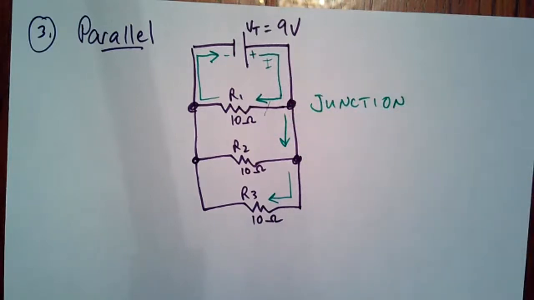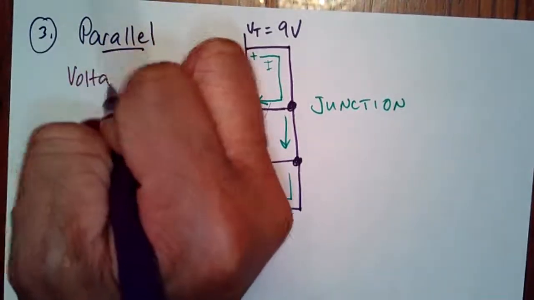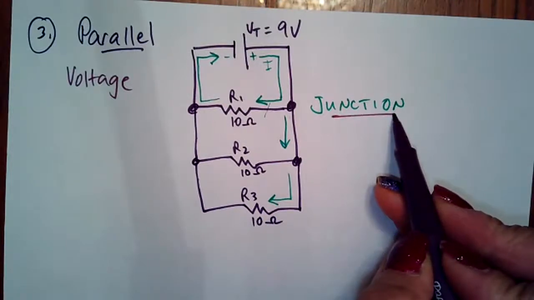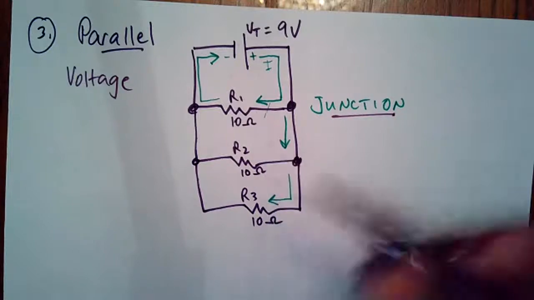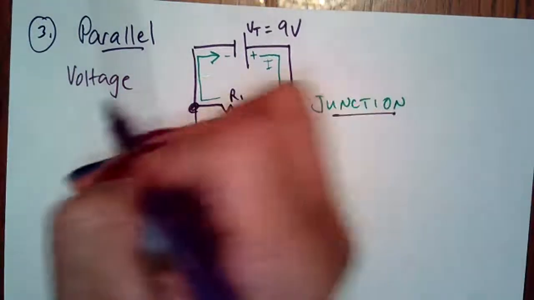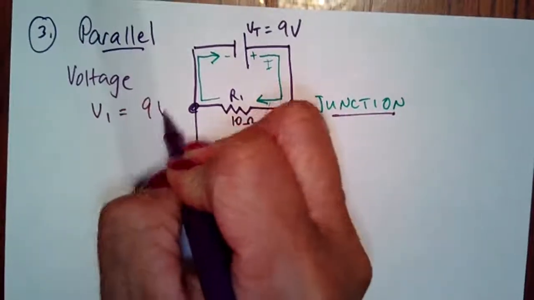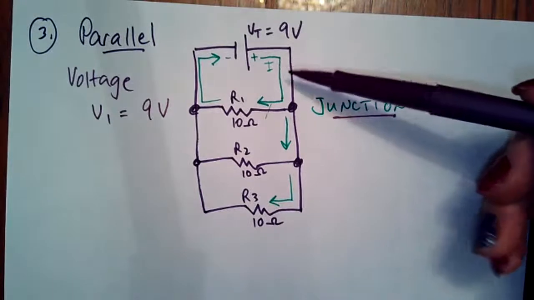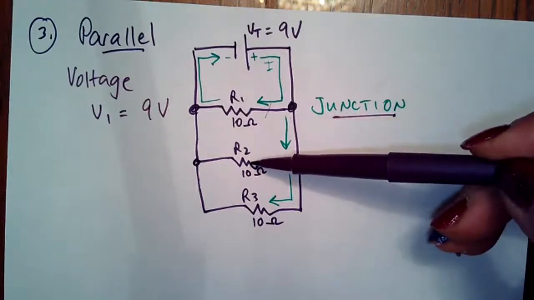So what is the same in a parallel circuit? They will have the same voltage because of the junction. Because they have different paths to follow, V1 is going to receive 9 volts, since it is not affected by the pressure getting into R2 and R3.